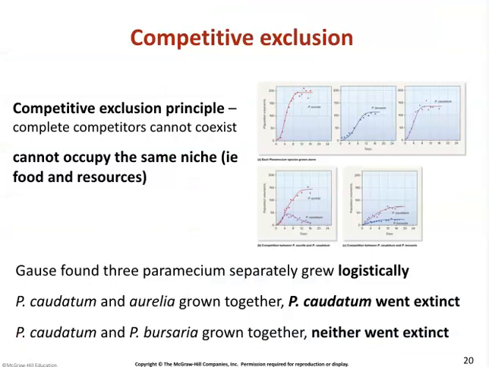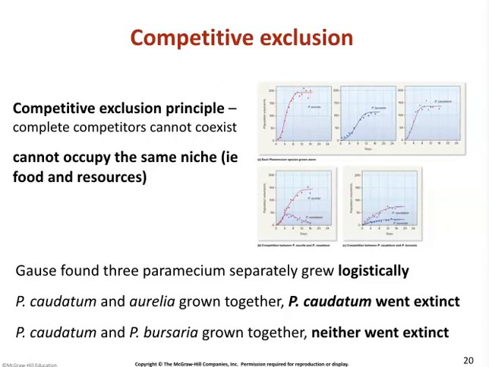When we look at competitive characteristics in a population, we can see that in some cases, competition is okay, but in other cases, it's not. So Gause found 3 paramecium species and grew them separately, and it followed a logistic curve. When he put 2 of the 3 species together, one species went extinct.